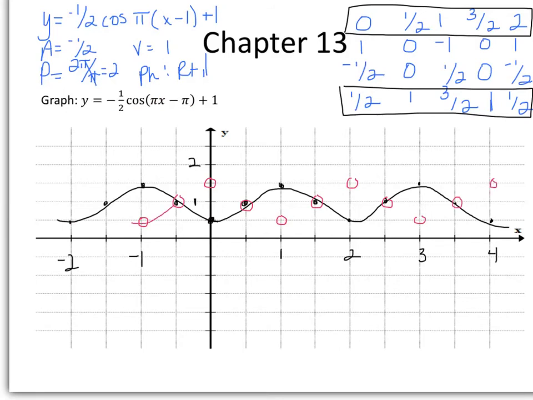And when I connect these points, the final graph is in red. I can also continue the pattern to the left because I do know what it's supposed to look like. The red graph is what is my final graph.